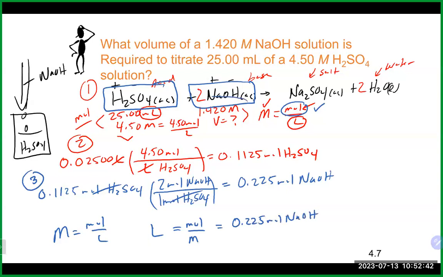Once again, I'm going to use the molarity of the sodium hydroxide as moles per liter, so I can see both units. And that means I'm really going to be dividing in this case by 1.420 moles per liter of sodium hydroxide. The moles of hydroxide will cancel, and that will get me 1.42.